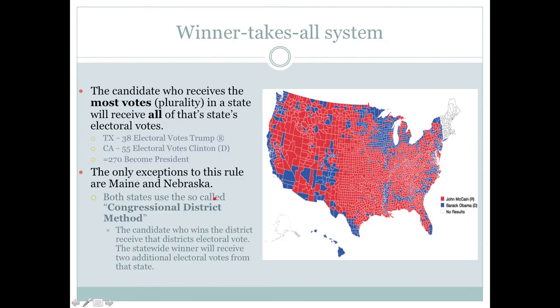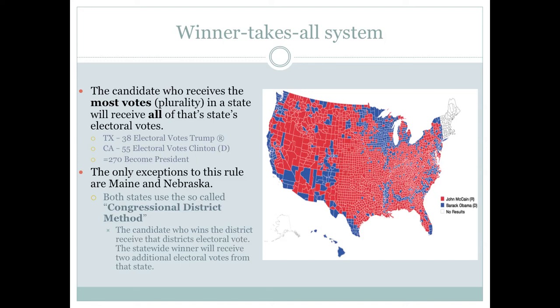The candidate who wins that particular district will receive that district's electoral vote. So in Nebraska, as you noticed, there were going to be 3 districts. So whoever wins that particular area will get that particular electoral vote. And then whoever wins the overall contest, in other words, whoever wins in that state altogether, will receive the extra 2 electoral votes that the state has because it has 2 senators.